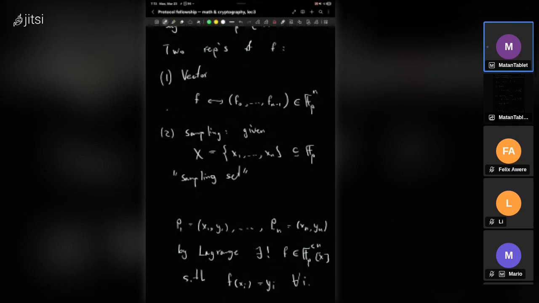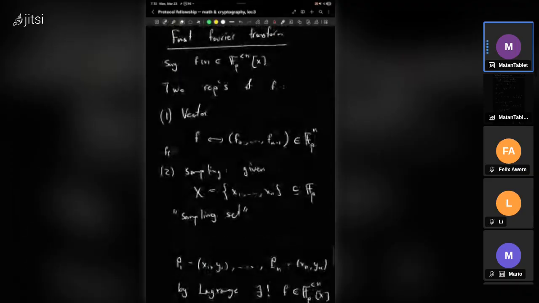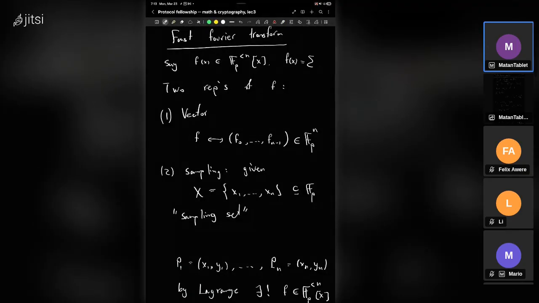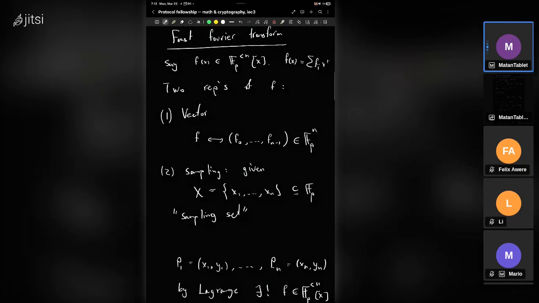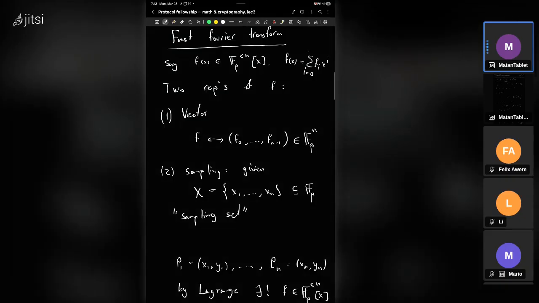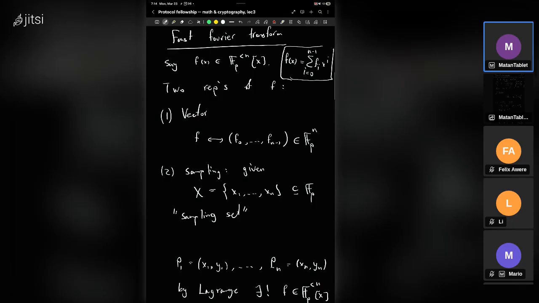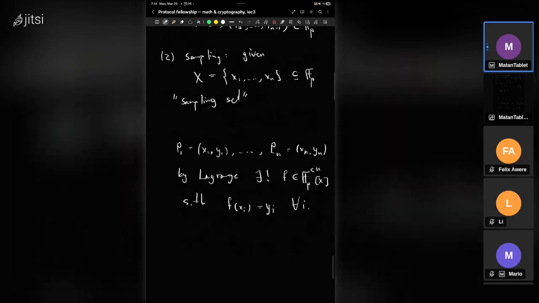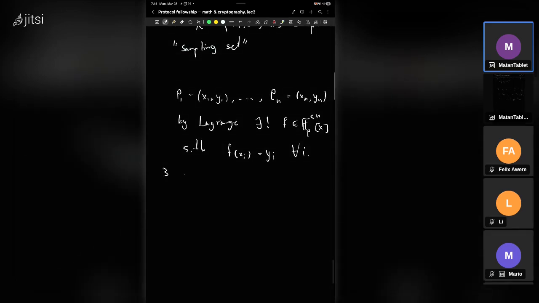Let's say f of x is the sum of fi x to the i, i equals 0 up to n minus 1. And now, when we deal with polynomials, we have 3 basic operations. One of them is you add 2 polynomials.